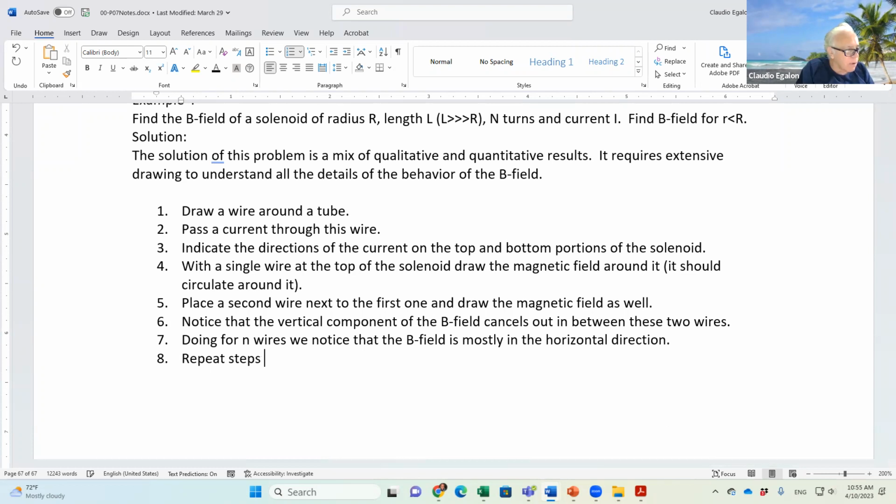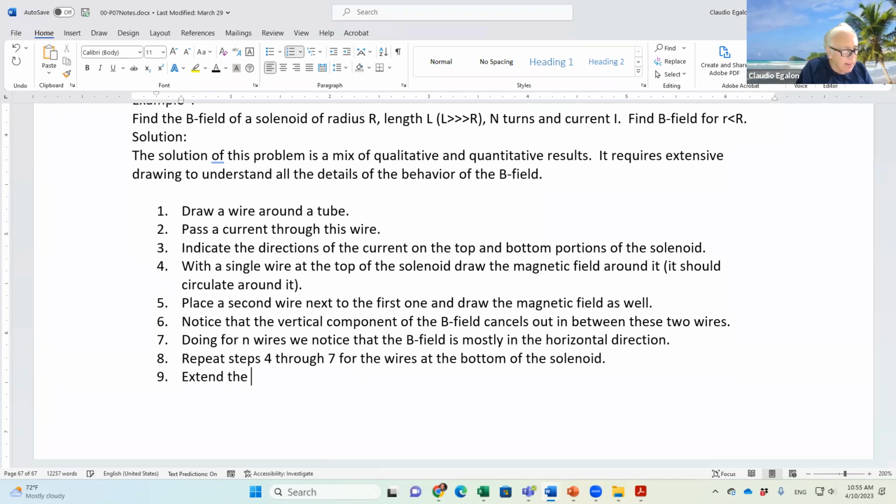the steps 4 through 7 for the wires at the bottom of the solenoid. Okay.